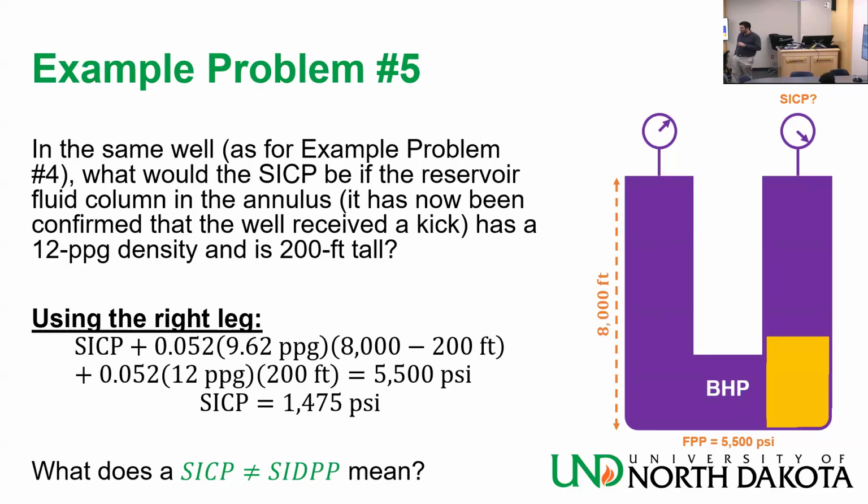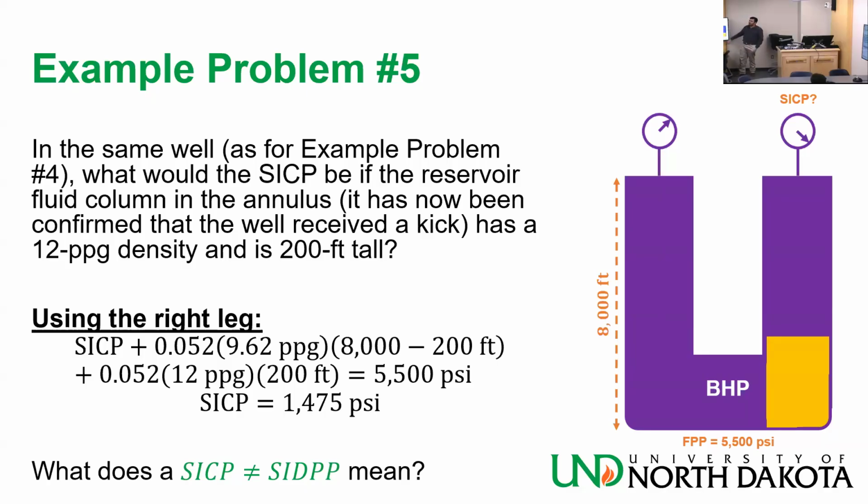It will be positive. Yes. And how will one side compare to the other? You have purple on both sides. So that means on the other side, there's going to be a kick, showing that there's formation fluid coming, but you haven't taken it yet. You will get a kick because you have the wrong mud weight, but you don't have the new fluid inside yet. So the whole thing is purple.